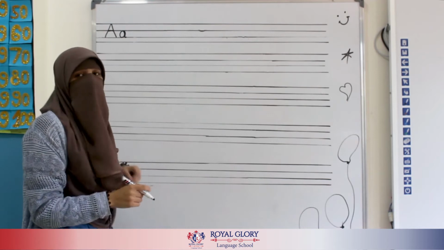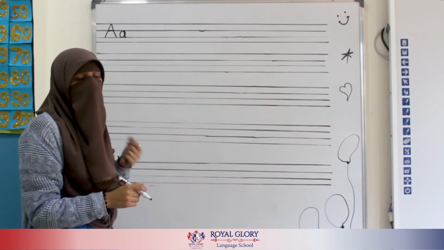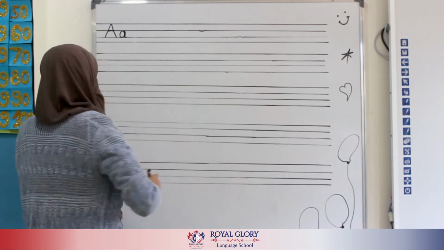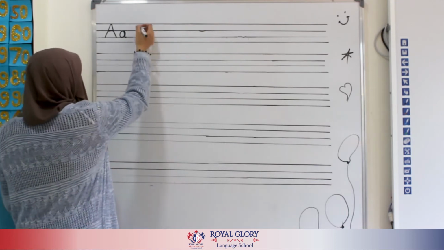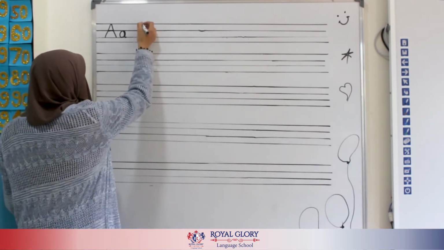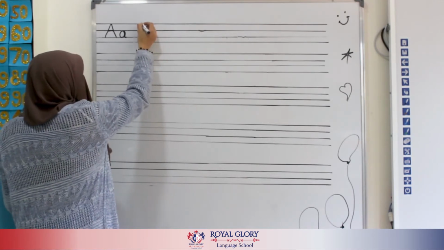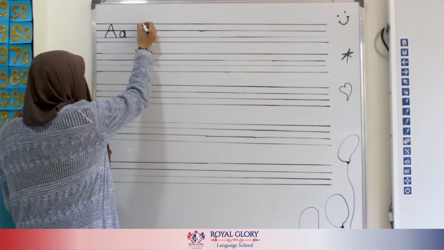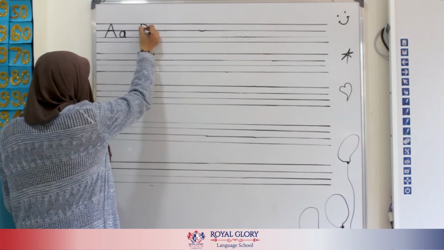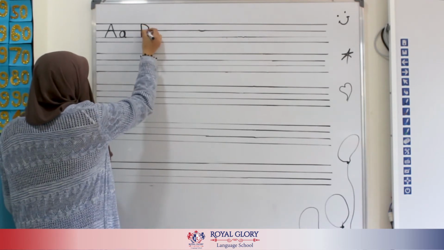Letter B, its sound is ba, like a book or ball. How to write it? Standing line down from line number 1 to line number 3. Small half circle. Another small half circle.